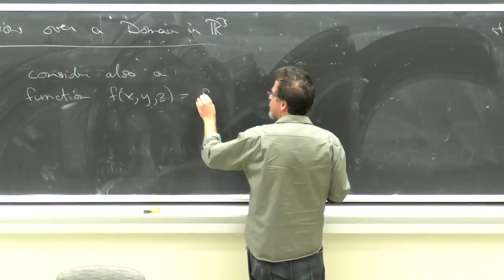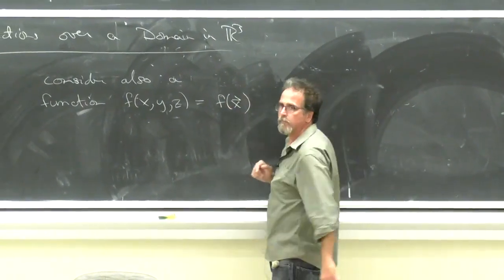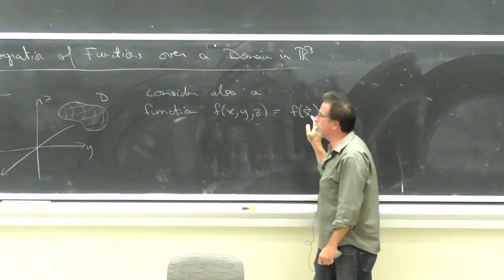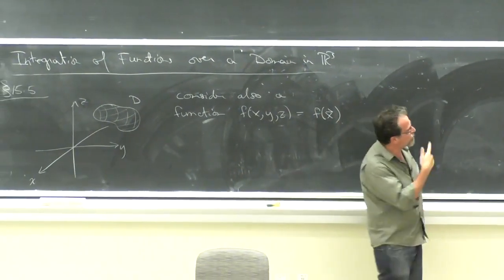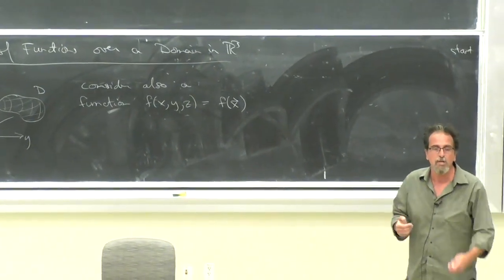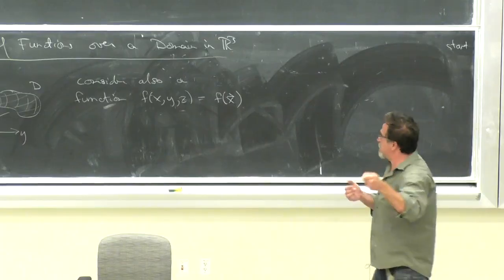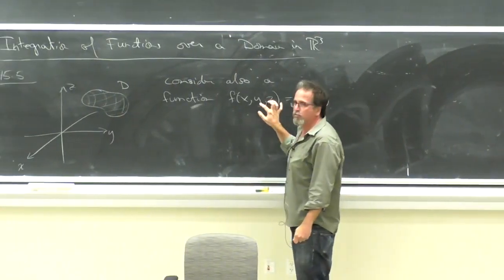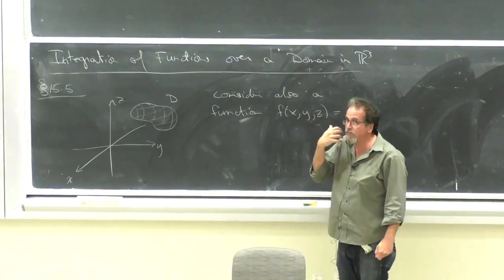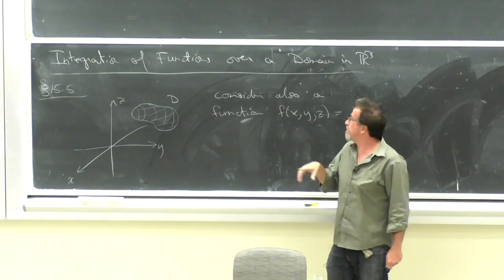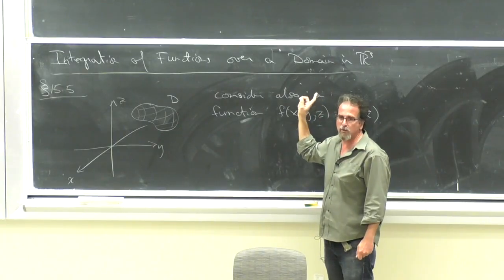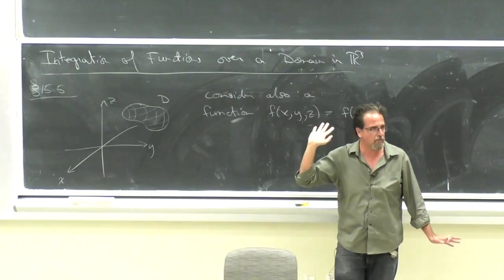I will often write this f of x vector. All that means is they're synonyms. Because this is truly three arguments, right? X vector is that position vector. It's x i hat plus y j hat plus z k hat. What this means is you give me three numbers, and I spit out one number. The way I think it's very convenient to think about it is you give me your location, and I'll tell you the temperature. You give me your location, and I'll tell you whatever that is, okay?